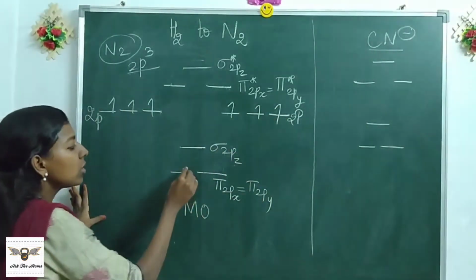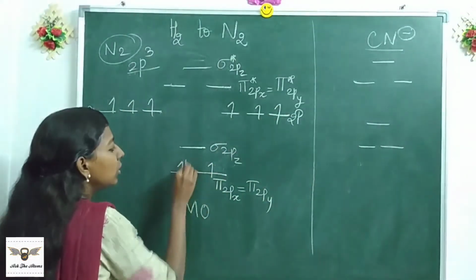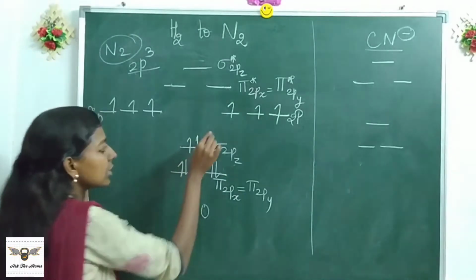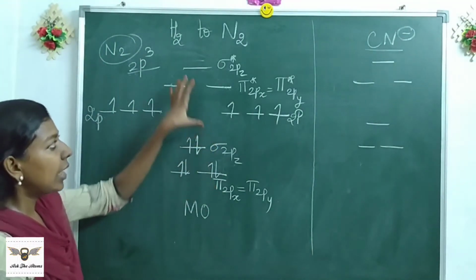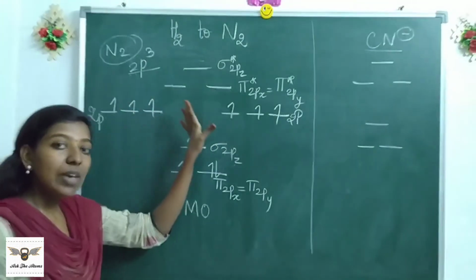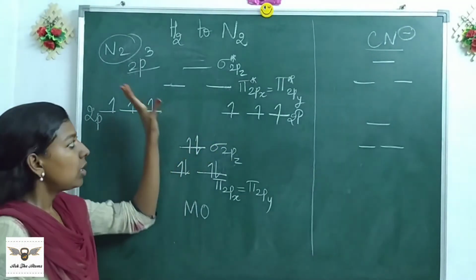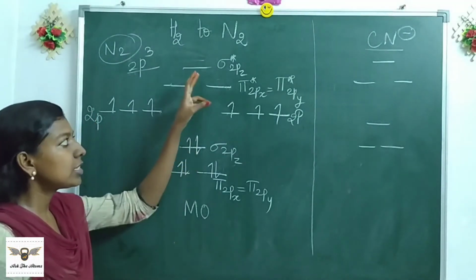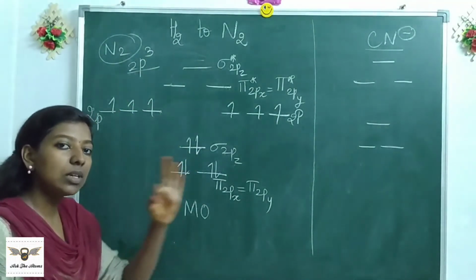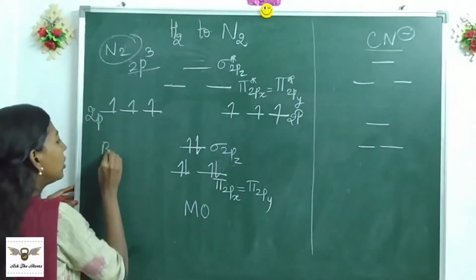Totally 6 electrons. How do I fill? 1, 2, 3, 4, 5, 6. 6 electrons are filled now. Bonding completely filled, antibonding empty. So this is the most stable arrangement. Now, how do I calculate the bond order? Half into 6 minus 0. Half into 6 is 3. So the bond order of the N2 molecule is 3.